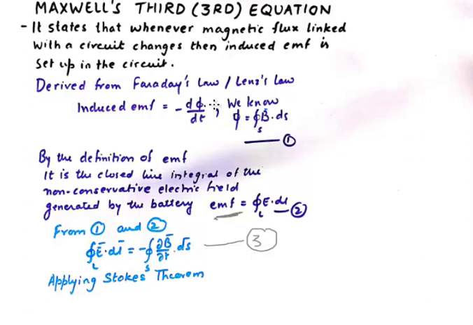Now if we substitute this phi here and make a little rearrangement, taking this d/dt inside the integral sign, it becomes ∂/∂t. So that gives us Maxwell's third equation, which is derived basically from Faraday's law and the definition of EMF.